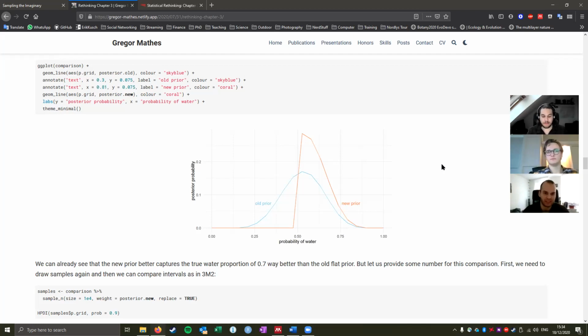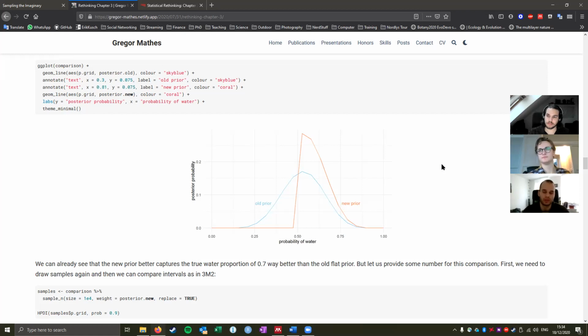So the old prior has basically a normal distribution with a mean value slightly above 0.5. And now the new prior has shifted this basically to the right side. So we have more water now, or the probability that the Earth has water has now increased.